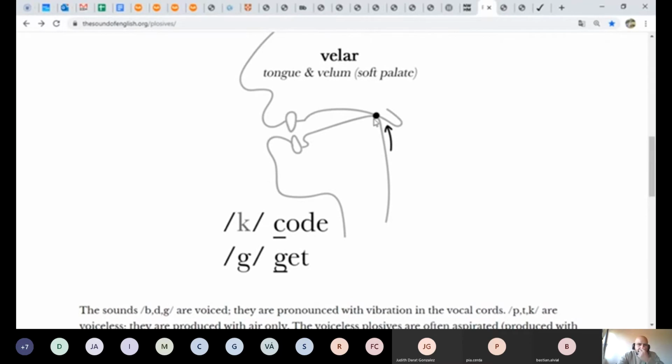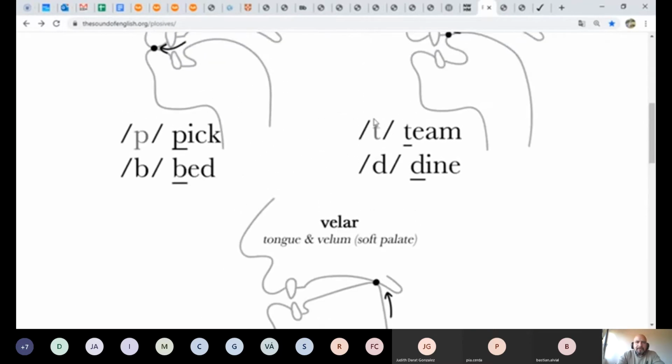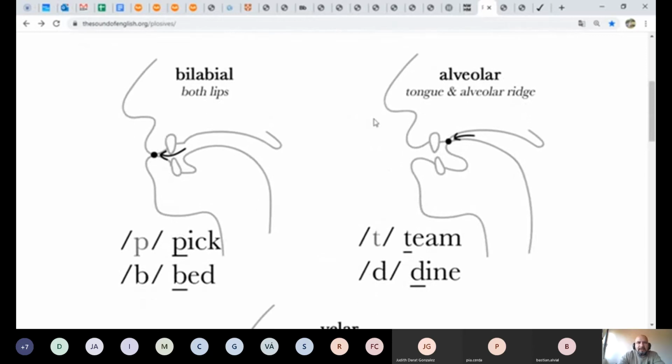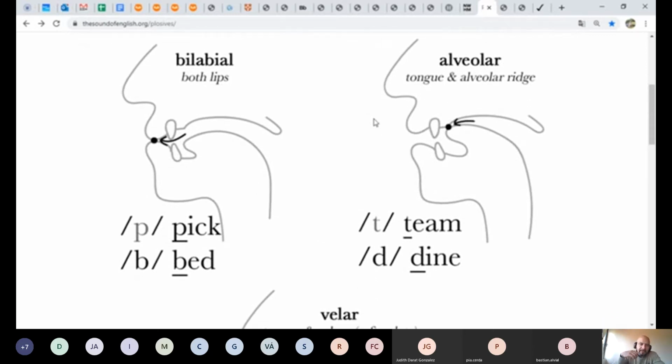Okay, so from now on, because we already talked about place of articulation, when we describe the consonant sounds, we're going to refer to them using the place of articulation plus the manner of articulation. So p is going to be a bilabial plosive, b is going to be a bilabial plosive as well.